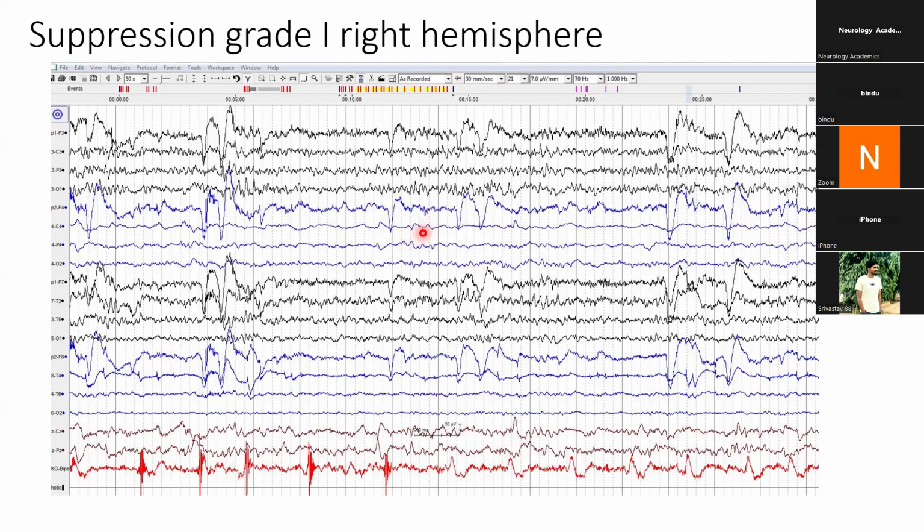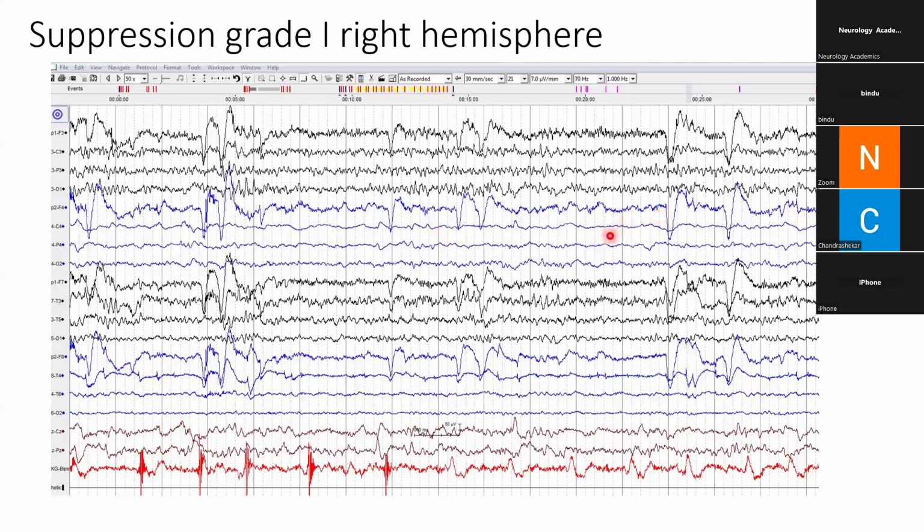These are the two drugs which can cause a generalized fast activity. And this generalized fast activity is expressed only on the left side, because the left hemisphere is comparatively normal. And in the right hemisphere, you know that there is something between the electrode and the brain, which could be anything structural, or it could be the CSF that is accumulated there. So you tend to call it suppression over the right hemisphere.